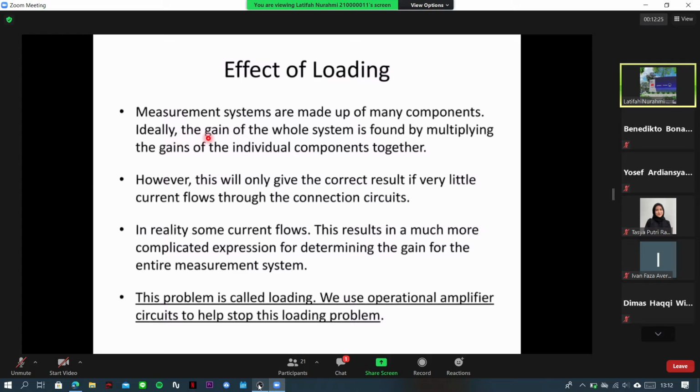So ideally, the gain of the whole system is found by multiplying the gains of the individual components together. So the whole gain of the system is a result of a multiplication. And point number two, however, this will only give the correct results if very little current flows through the connection circuits. Okay.